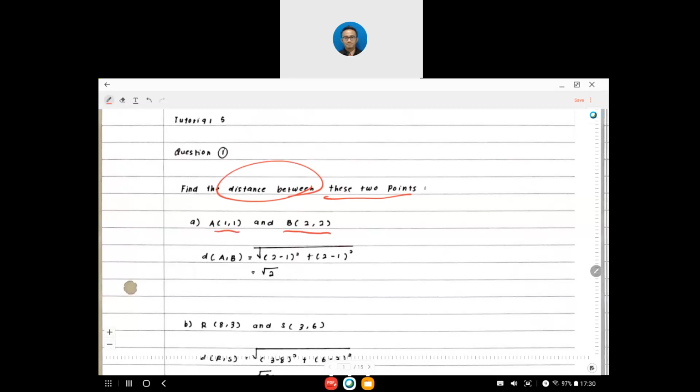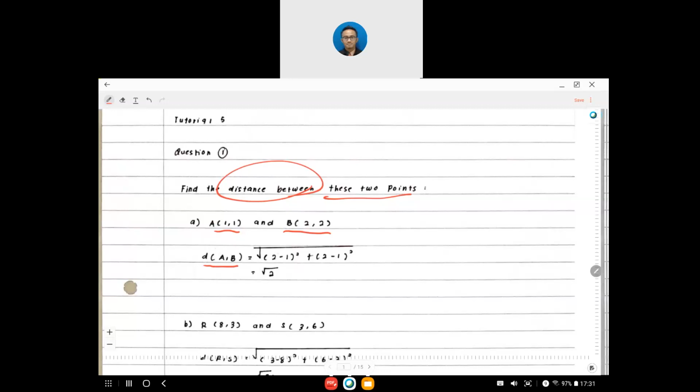So in order to find the distance, we take the difference of the x coordinates squared plus the difference of the y coordinates squared, then the square root. To find the distance between A and B, whether you put 2 minus 1 or 1 minus 2 is correct.